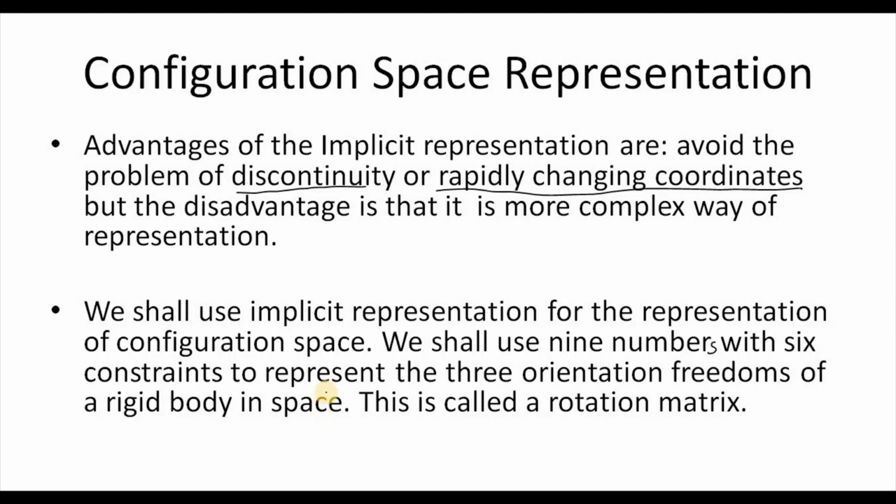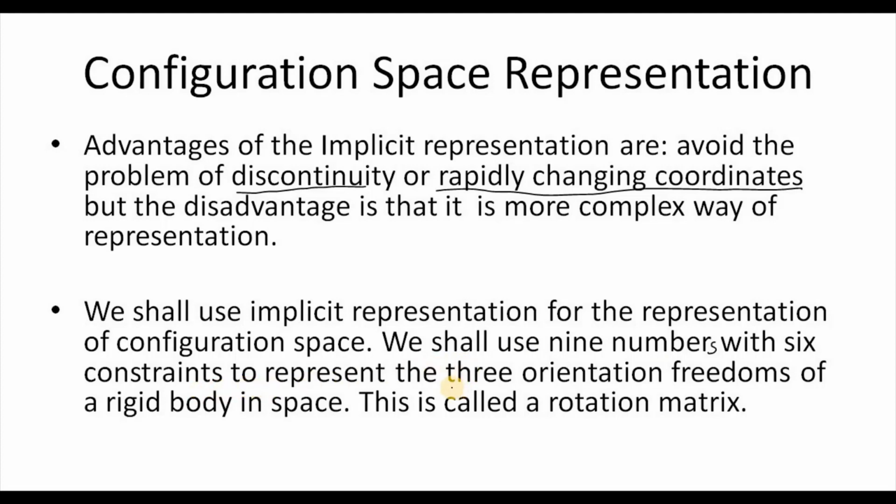Whenever we want to represent the orientation of a rigid body, we shall use a matrix with 9 numbers in total, and there will be 6 constraints.